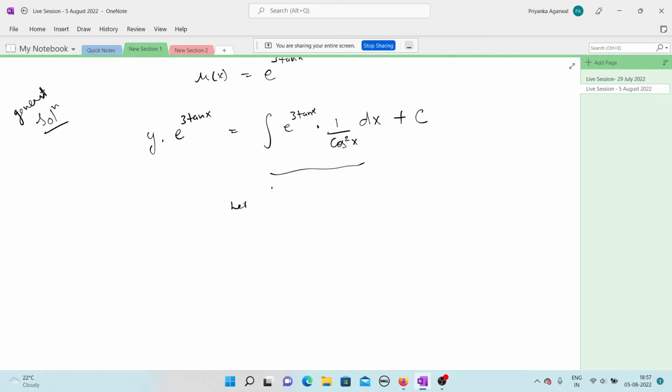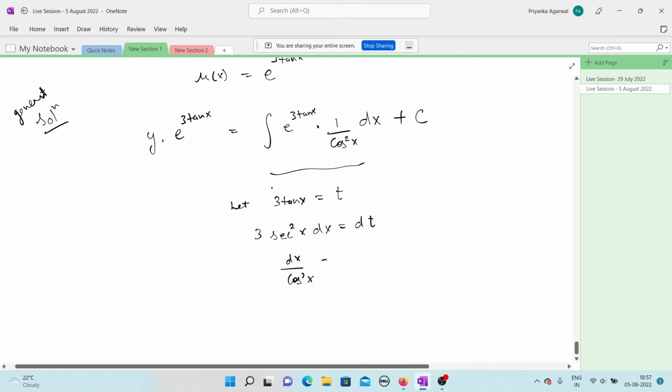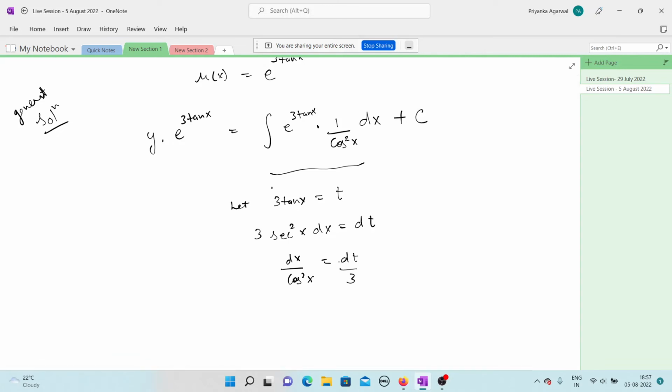So let us consider 3 tan x equals t. Then differentiate, that will be 3 sec² x dx equals dt. So dx over cos² x can be written as dt over 3.